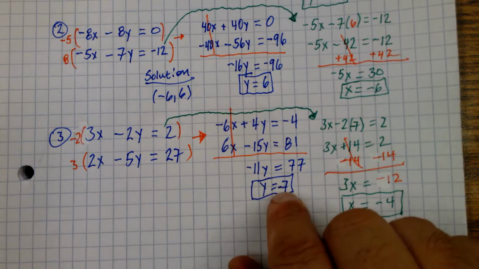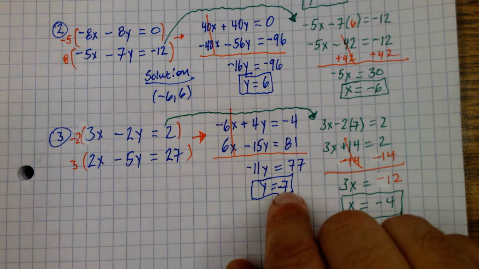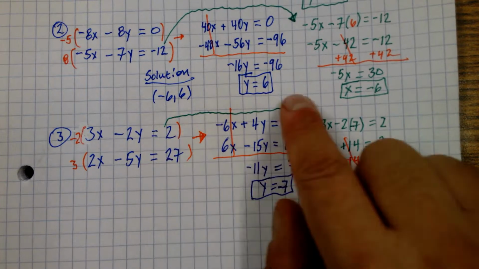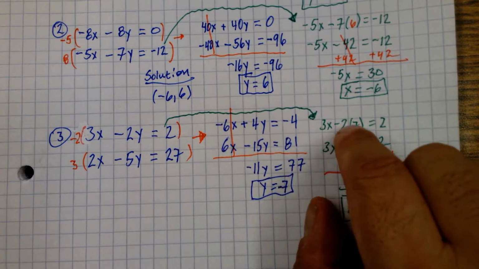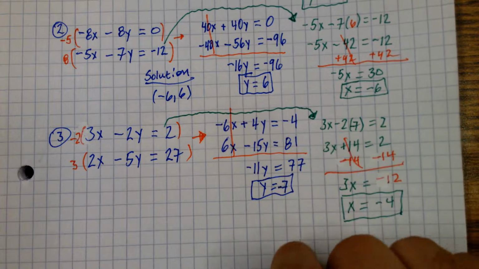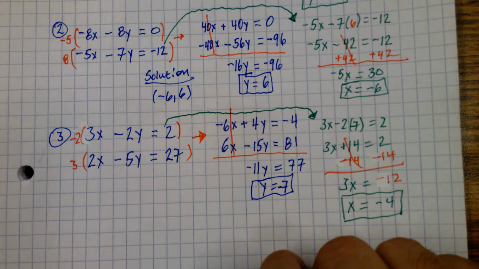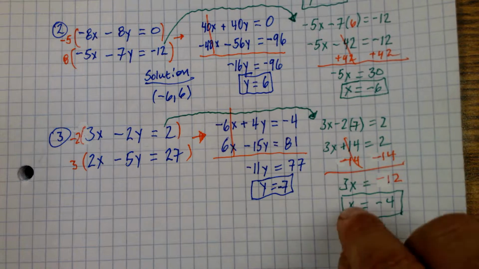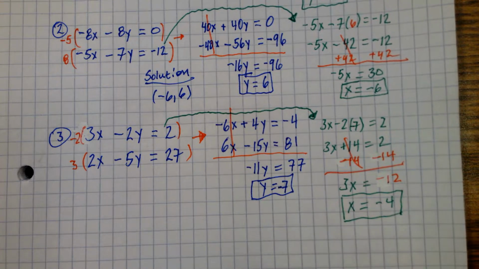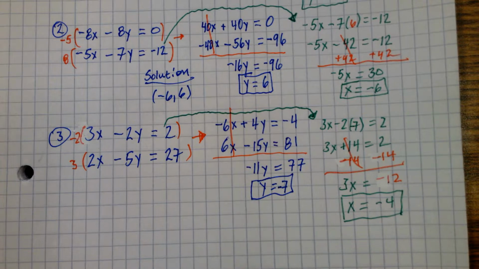So y has to be -7, and then I picked this equation to replace y with -7. So I got 3x plus 14 is 2, and solve that, and I got x is -4. Did anyone else get -4, -7?